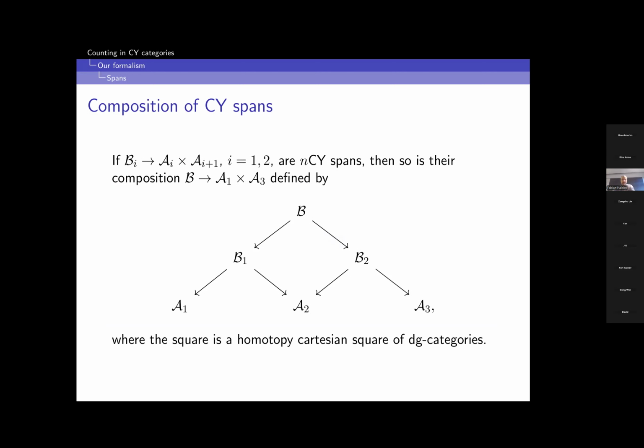So the main thing about these Calabi-Yau spans is that they can be composed, right? If you think of them as Bordisms or as Lagrangian correspondences, you could guess that this should be true. What it means precisely is that if I have two of these Calabi-Yau spans, I can compose them by forming this homotopy pullback square. So it makes sense to talk about a Cartesian, a pullback square of DG categories in the homotopical sense.